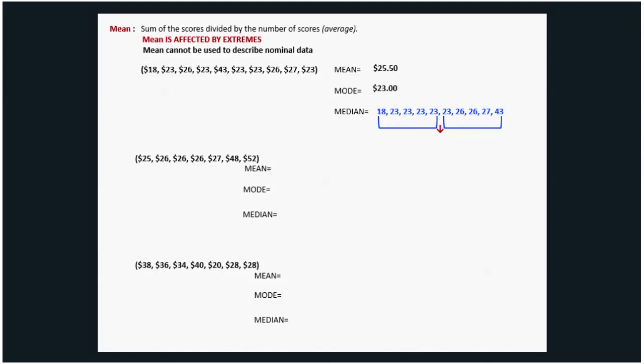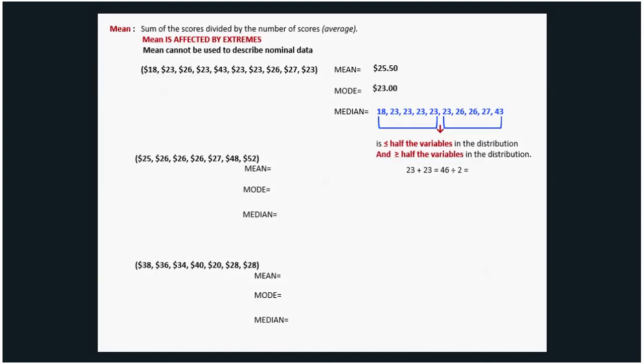So what happens here then is this 23 is greater than or equal to half of the variables. And this one is less than half, meaning that's less than the ones on the right. And this 23 is greater than the numbers on the left.